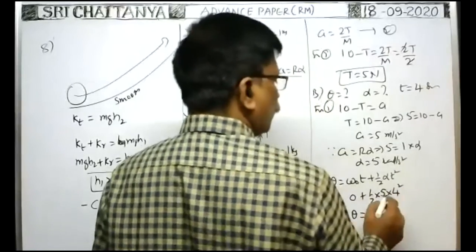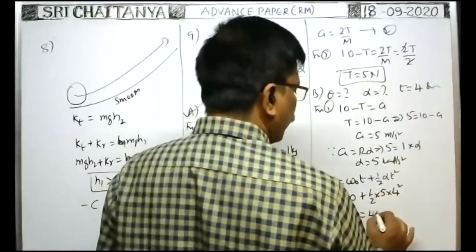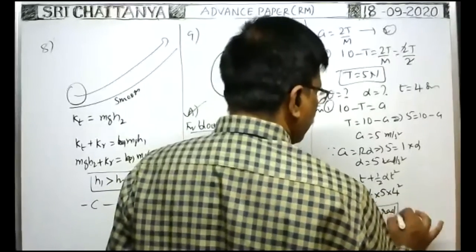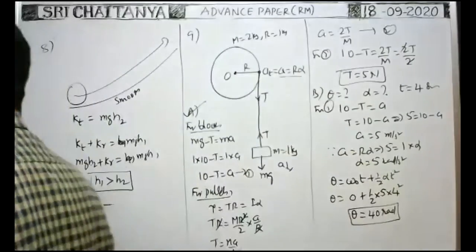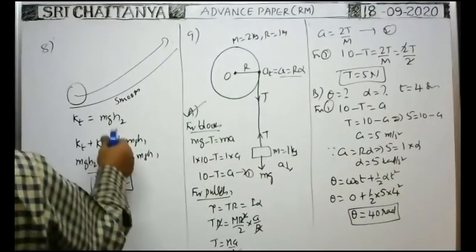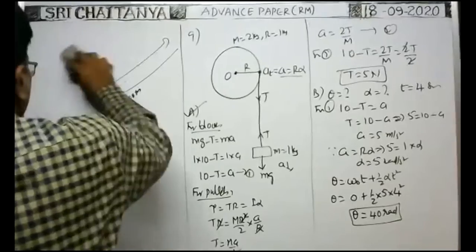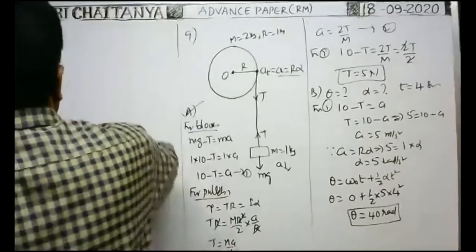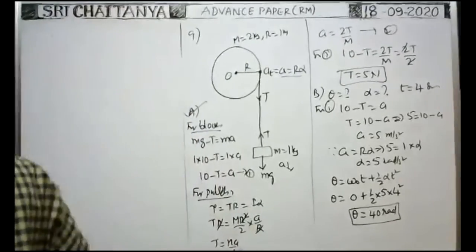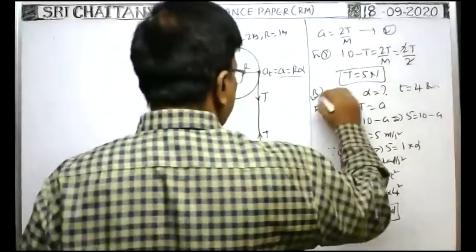Therefore, theta is equal to 40 radians. 40 radians is the angular displacement. So B is also correct.